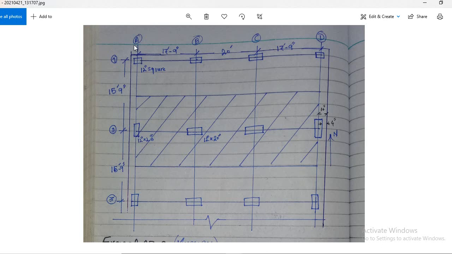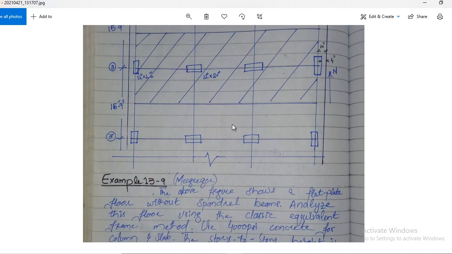But here the A2B2 span is different from the B2C2 column span. Clear? So we will separately calculate all the things. K sb will be determined from this panel as well as for this panel. In our previous example, case B for this panel is the same for the rest of the panels. Clear? So this is the difference.